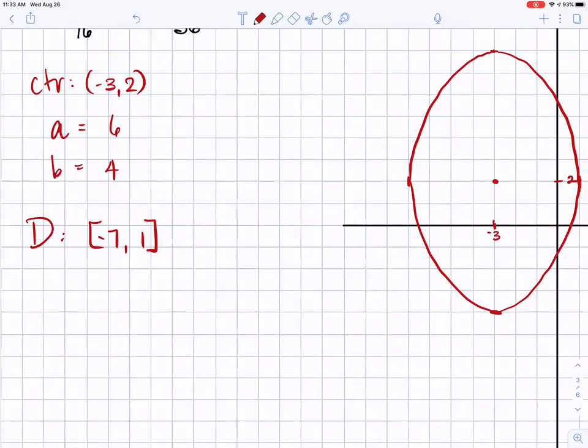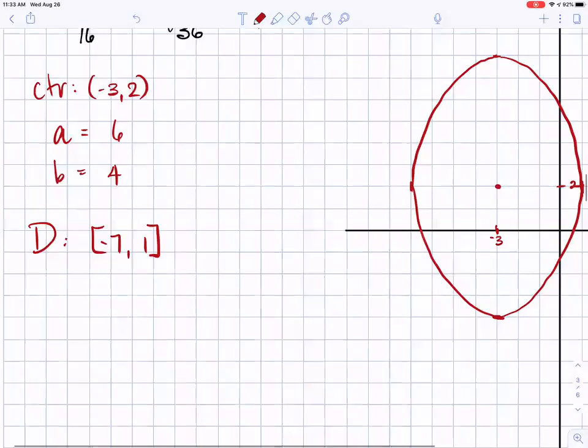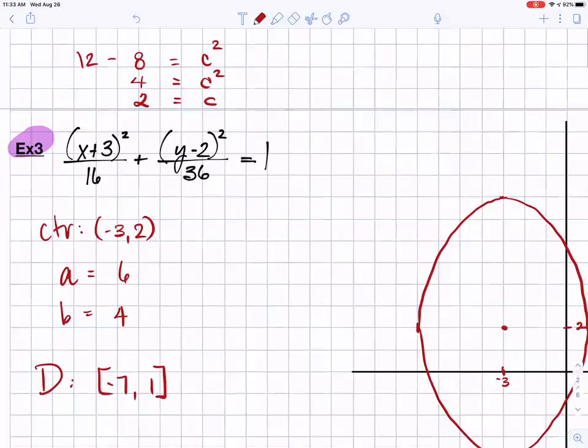You can count blocks on your ellipse to see that it's from -7 to 1. But you can also look at just math. The X value is -3, and the X value got changed right and left by the B value. If you're at -3 and you go left 4, that's where you get -7. If you go right 4, you add 4, that's how you get 1. So you can also do that mathematically. It doesn't just have to be by counting blocks.